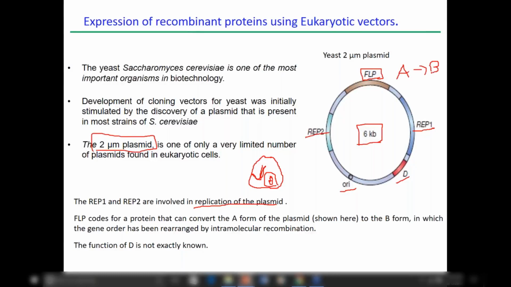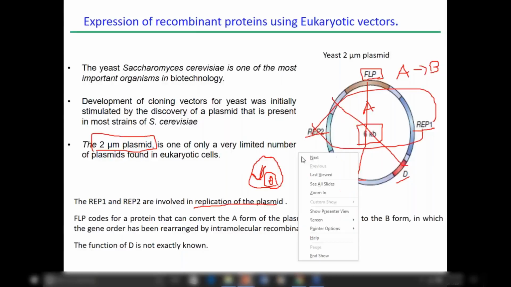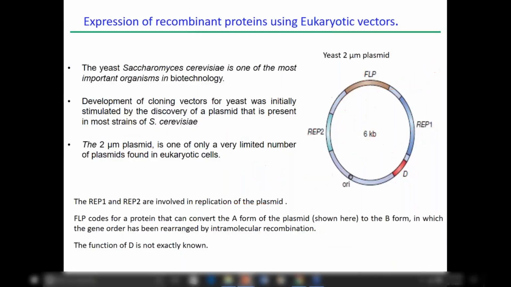Whatever is shown here is the A form. What is the difference between the A form and the B form? There will be a rearrangement of the position of REP2. REP2 will be here, REP1 will be here, FLP will be here, and then D will be here, like that. Understood? So that is the difference between the A form and the B form. Till now we have no idea about the function of D.